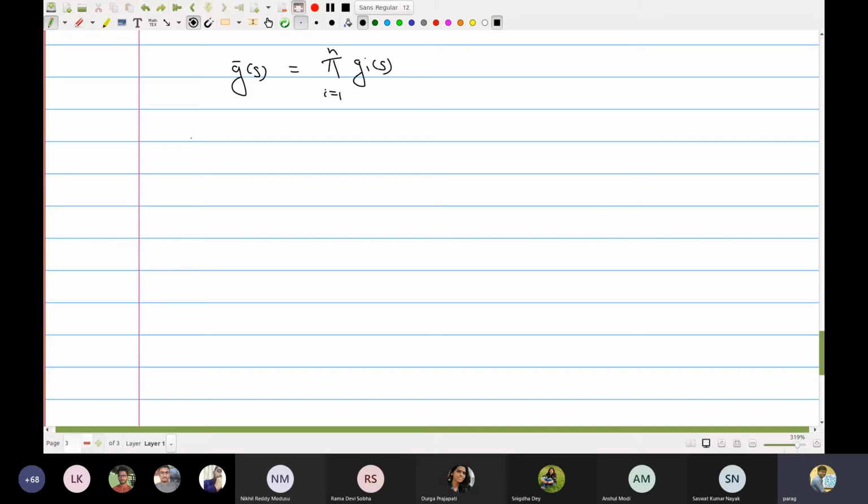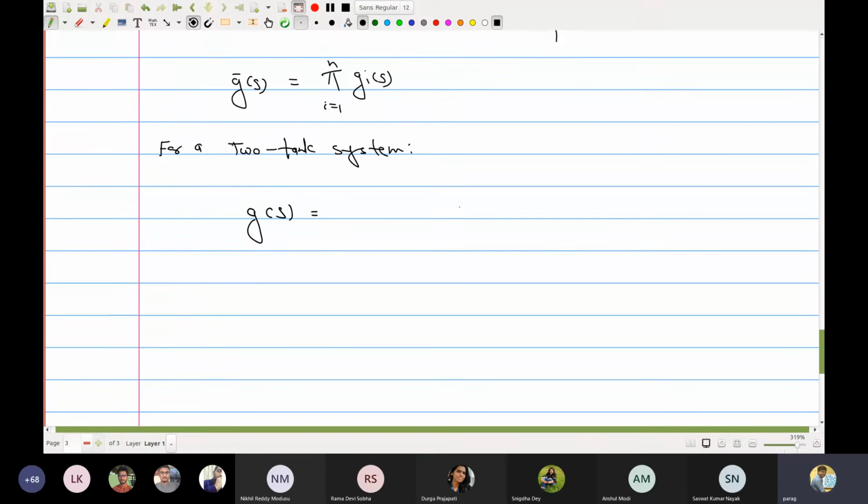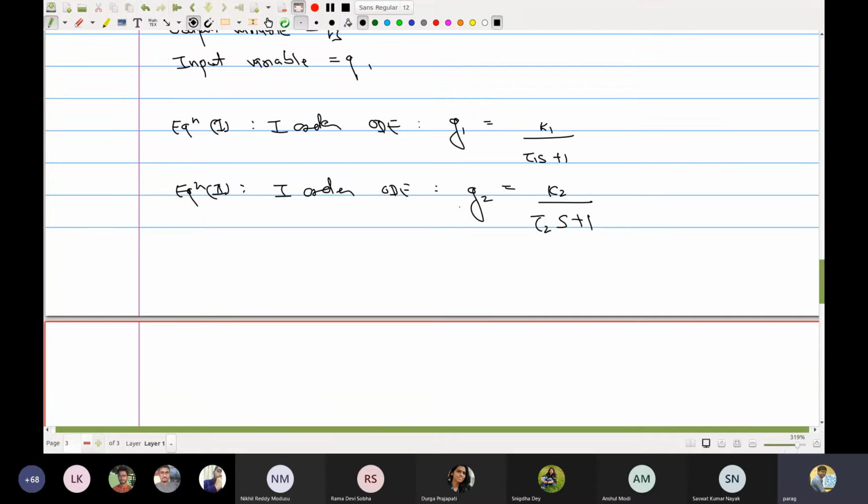So therefore, for a two tank system, your overall transfer function would be a multiplication of individual transfer functions. So what were the individual transfer functions? K1 upon tau 1 s plus 1, K2 upon tau 2 s plus 1.